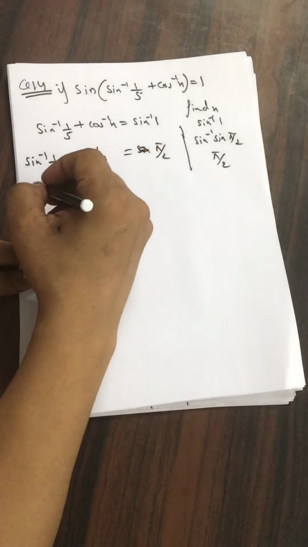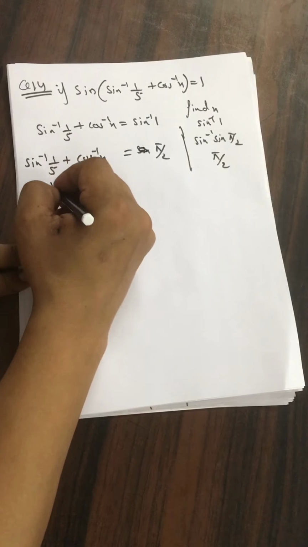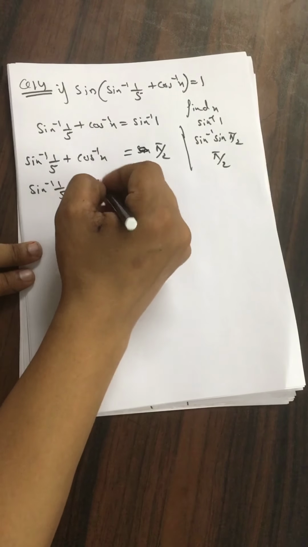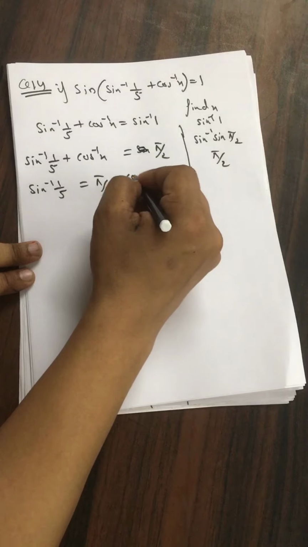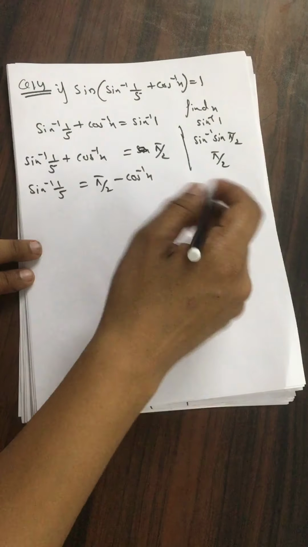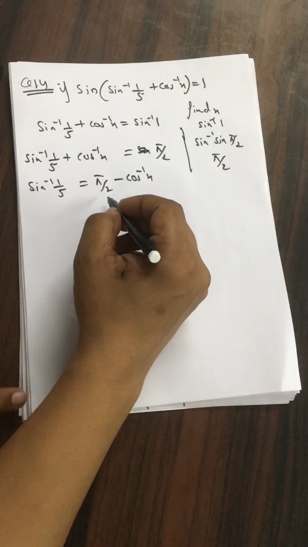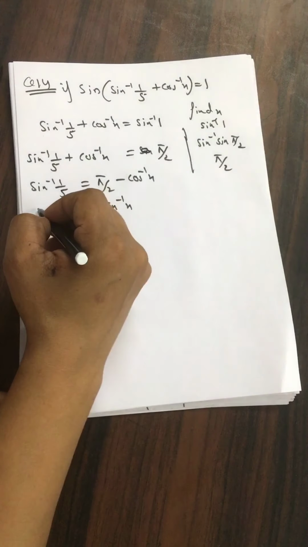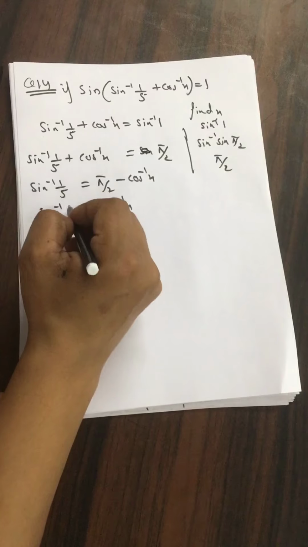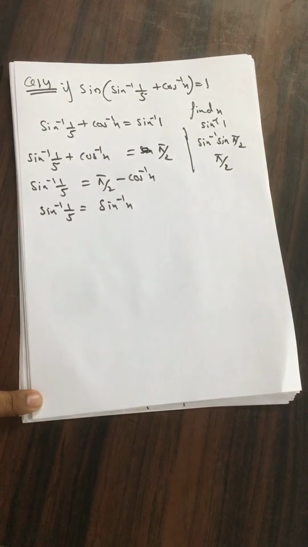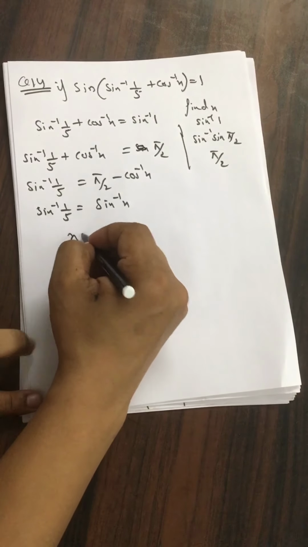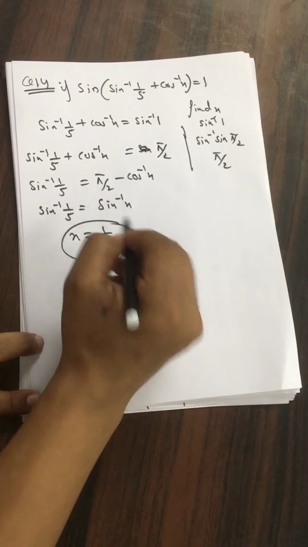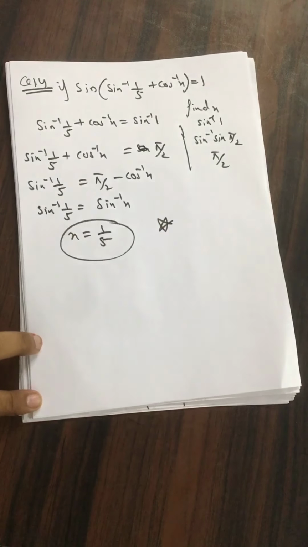Because once you transfer this that side, sine inverse 1 by 5 will be equal to pi by 2 minus cos inverse x, and this will become sine inverse x. Now you can compare these two. So value of x will be 1 by 5. Got it? Mark of happiness.